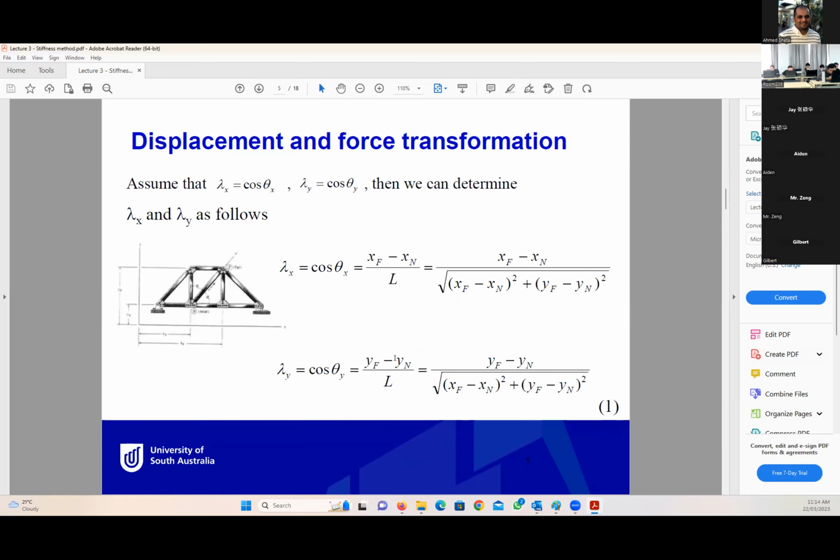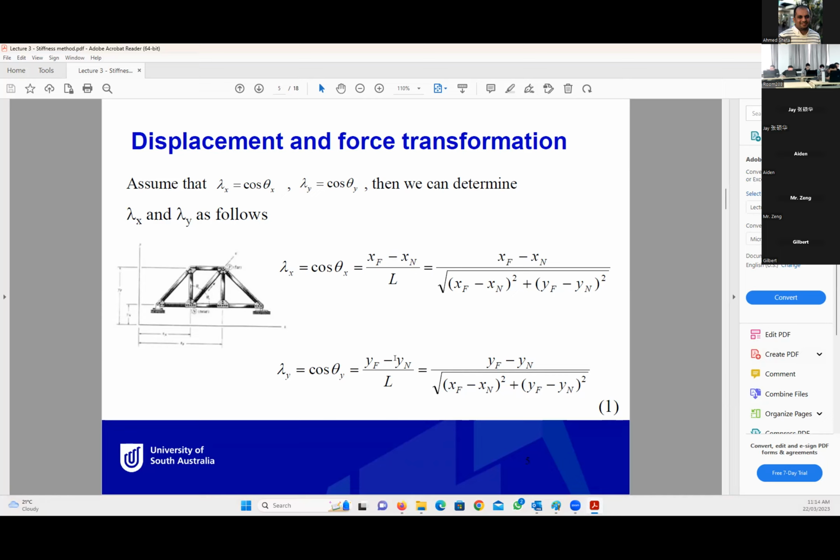Okay. Now in this step, we need to derive the equations. If we know the angles and the coordinates, how can we convert from the local system to the global system?